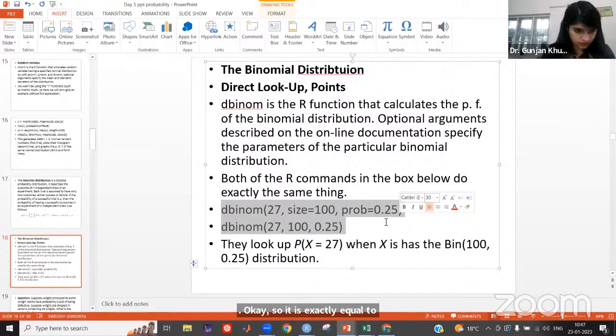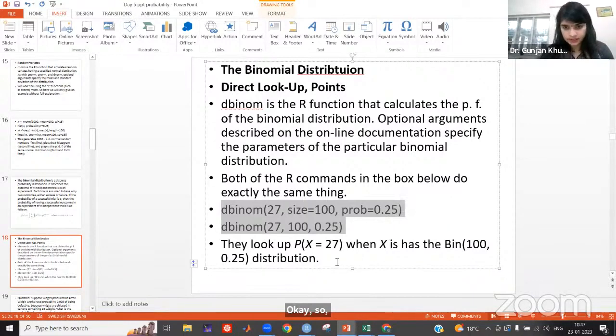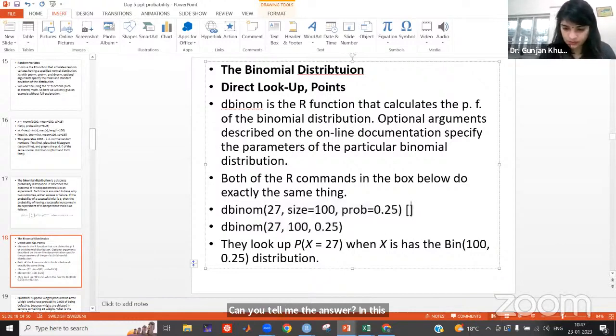Can you tell me the answer in this case? It looks up the probability that x is equal to 27, right?